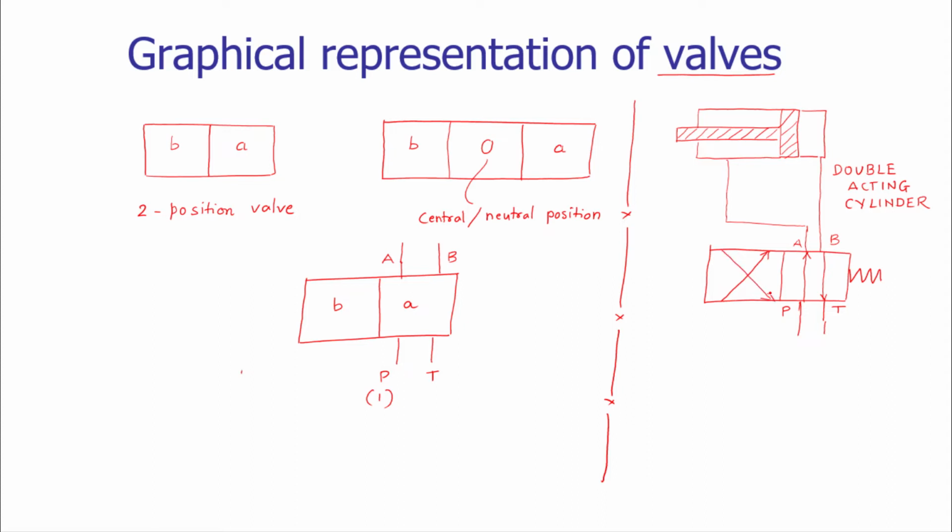In this case, we are not rewriting the A, B, P, T for the next position. It is understood that this port is P, this port is T, this port is A, this port is B. Only we are providing the direction of movement of the fluid for the next position. But we need to provide how this position is getting achieved, how this position is getting actuated.